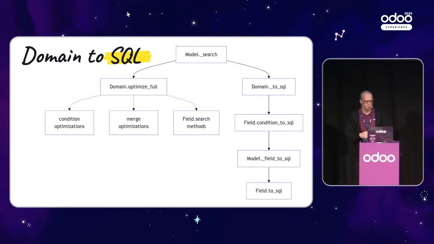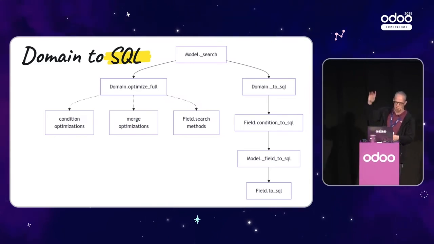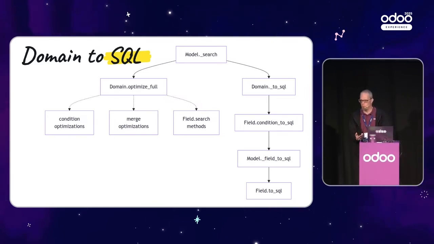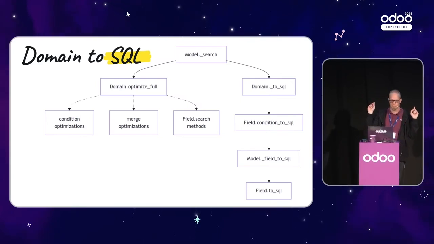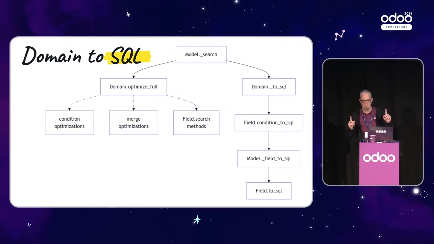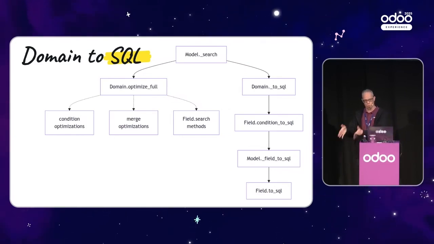And then the other thing that is part of this complete optimization is calling the search method of the fields, the computed fields that have a search method. We use that search method here. And the search method is always applied, even if the field is a stored field in the database.